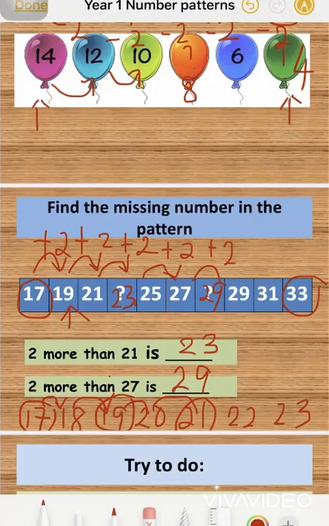Students, when you do the exercise, always fill in the information. Plus 2, plus 2, plus 2. All this you need to fill in, so that you can identify how the pattern is going.